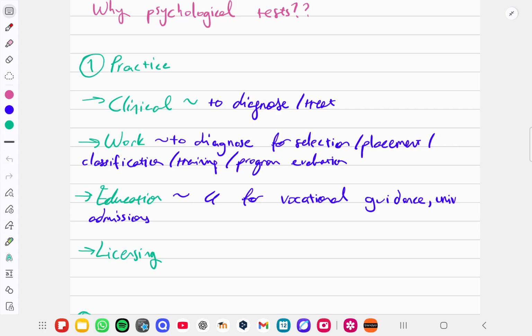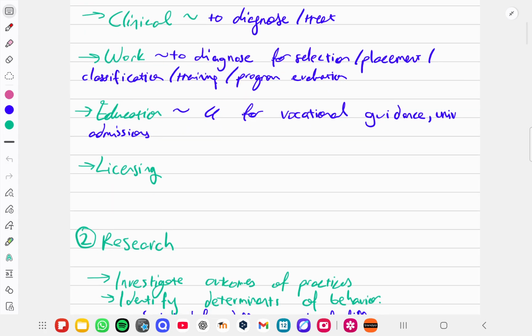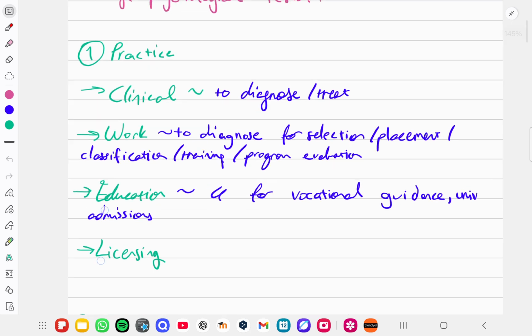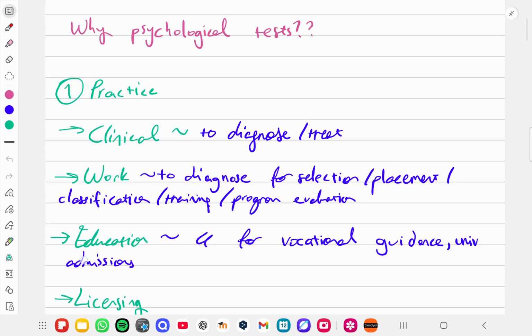We can use them in the work environment for selecting whom to hire or whom to put in which position, or we can classify them, or we can learn how to train our workers, and we can evaluate our workers based on these psychological tests. And we can use these tests also in education for diagnosing, for vocational guidance or university admissions, or for licensing.